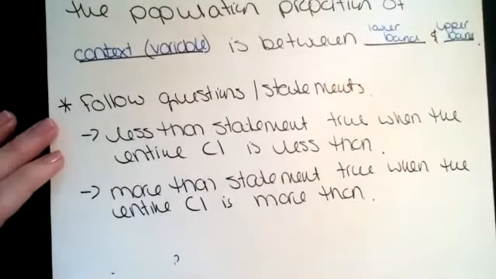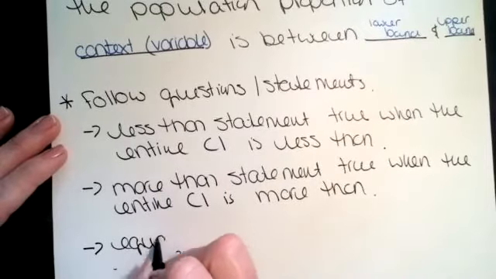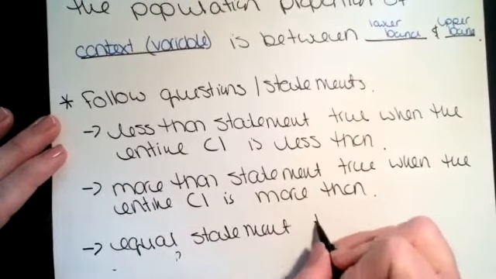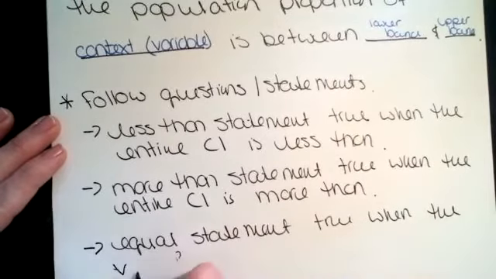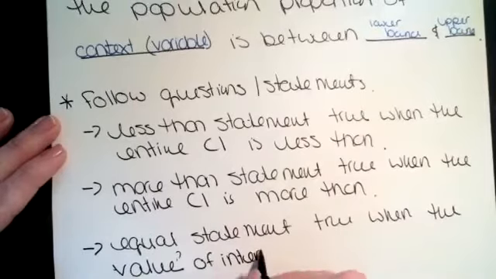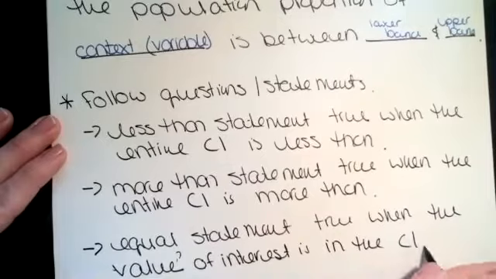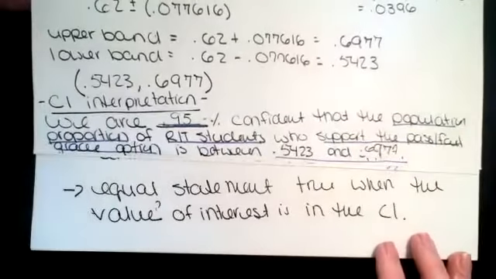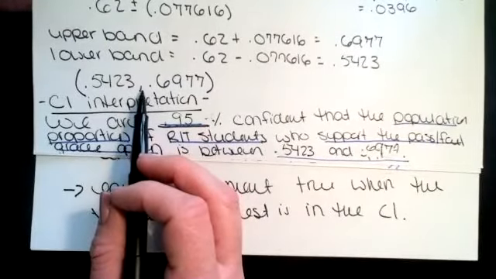The only time it's true if you have it in the CI is if you're talking about an equal to statement. So an equal statement is true when the value of interest, whatever we're talking about, is in the CI. Okay. So for this one, I could say, oh, 60% of the students say that they support that pass-fail grade option.